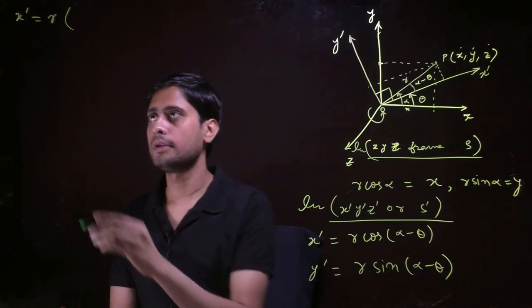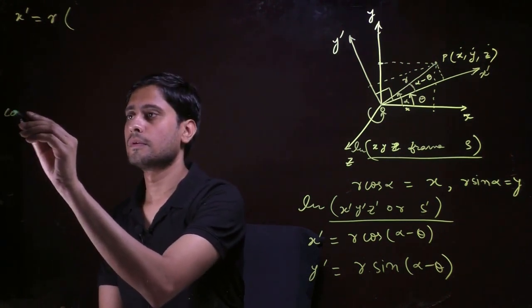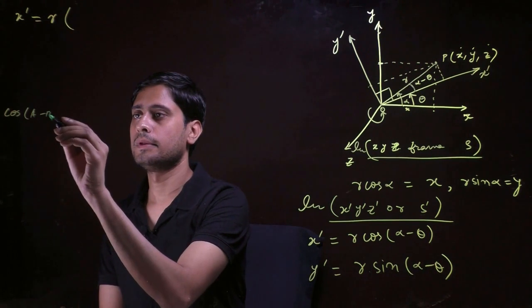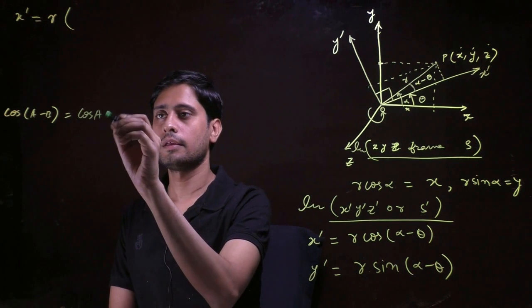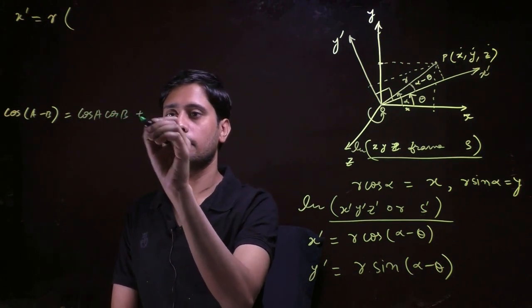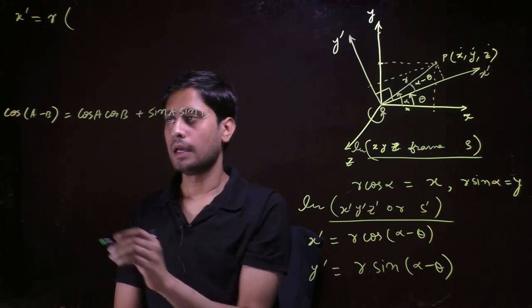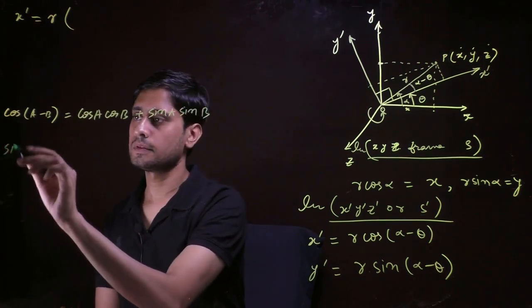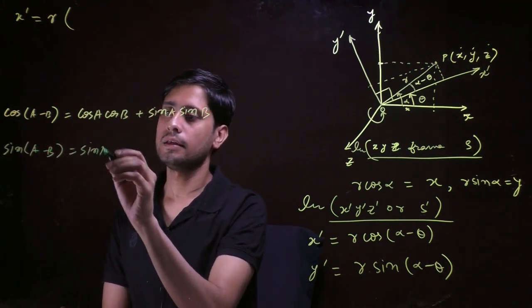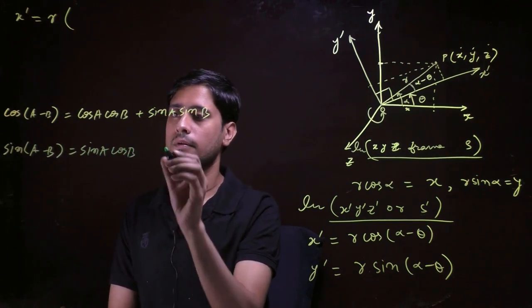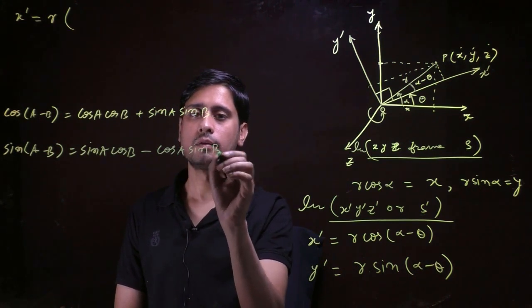If you remember, cos(a minus b) is equal to cos a cos b plus sin a sin b, and the formula for sin(a minus b) is sin a cos b minus cos a sin b.